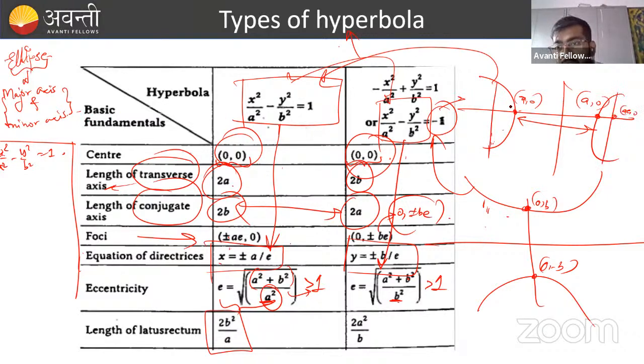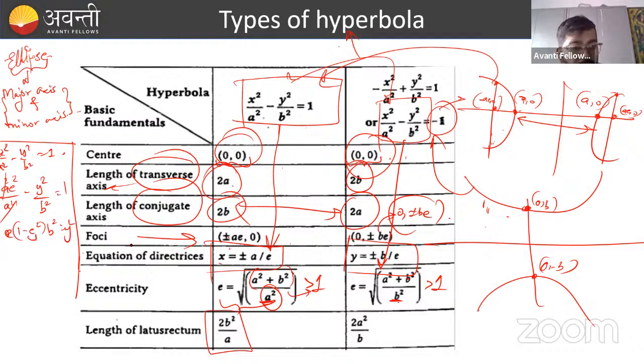So we know the x coordinate of the latus rectum, which is ae, so I substitute a square e square. Similarly, we did this in ellipse also. This becomes y square by b square. Now a square gets cancelled. You will get 1 minus e square into b square equals to y square.